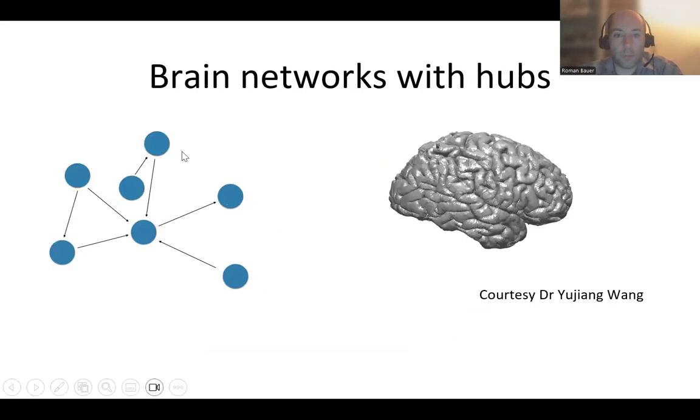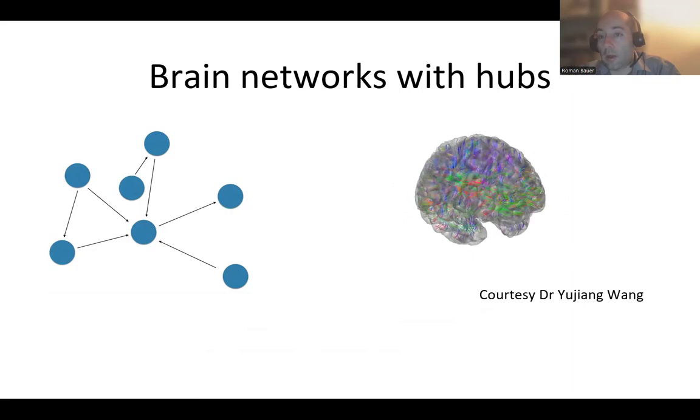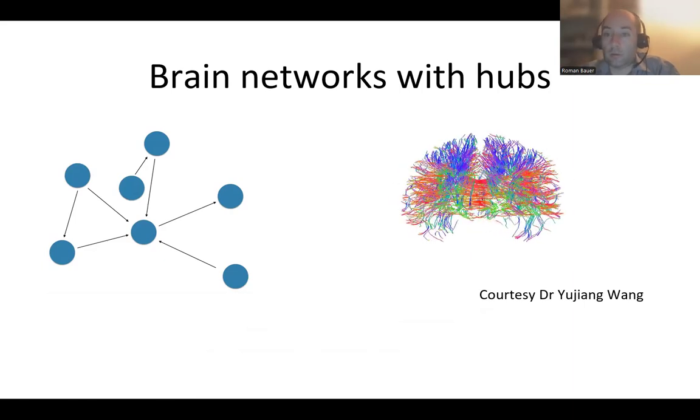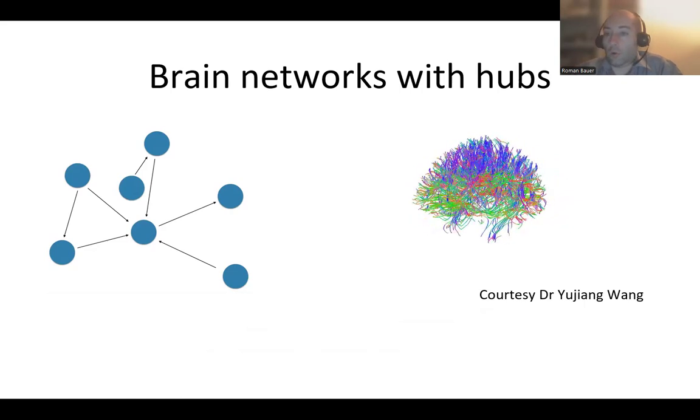So in the brain, it has been confirmed in the human brain as well as many, many other species. It has been confirmed that if you look at the brain regions in the brain, then indeed some of those areas are actually hubs. They are really highly connected and much more so than you would expect from regular networks.